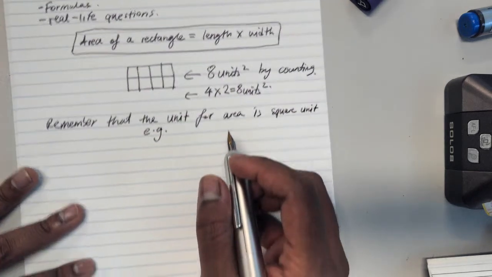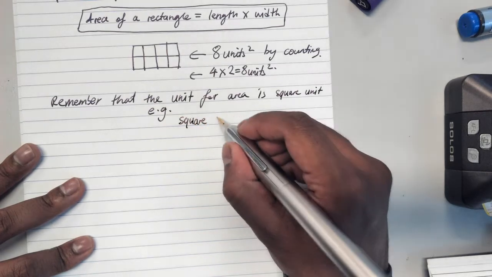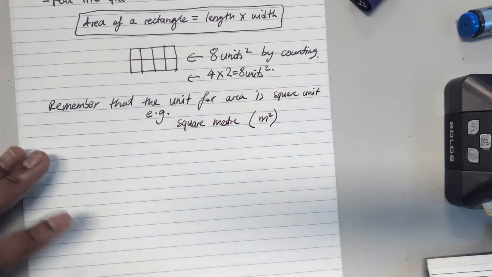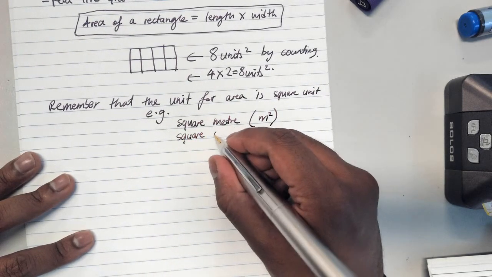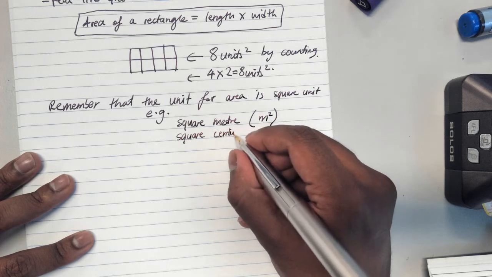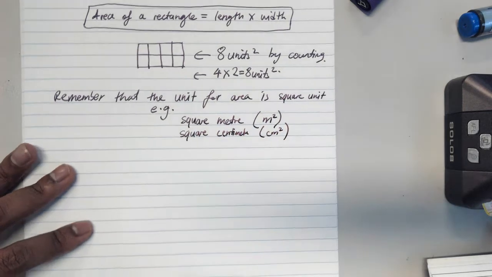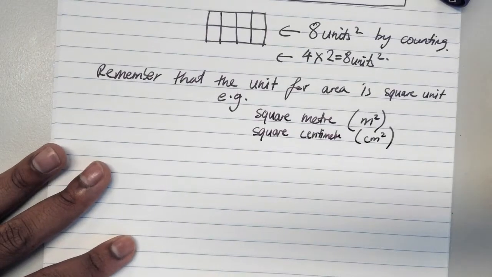So for example, we have square meter, which we'll write like this. It's got a little 2 there. Square centimeter, okay.